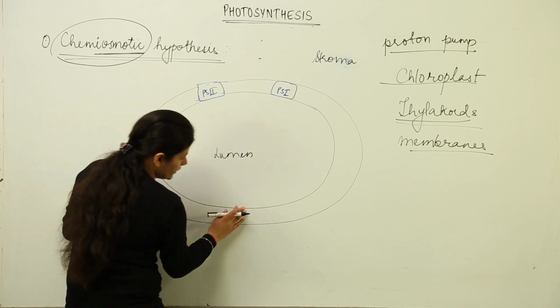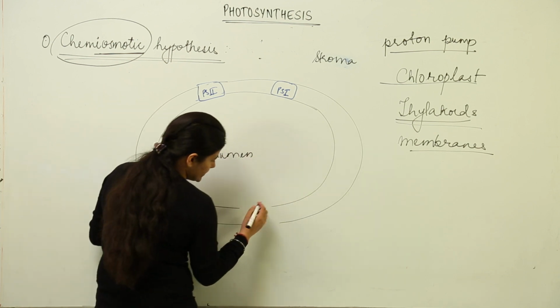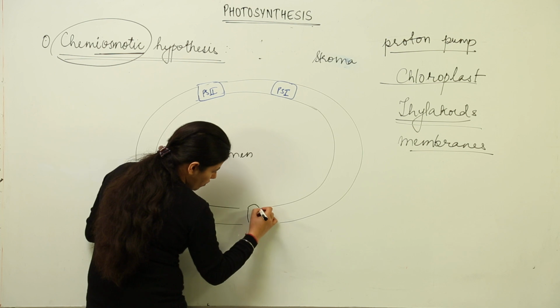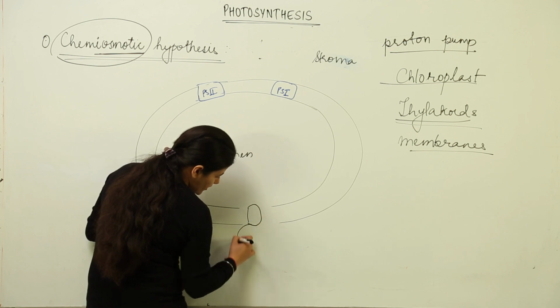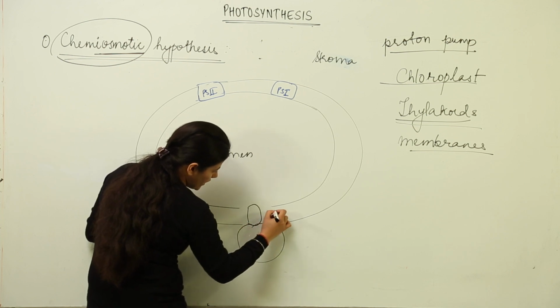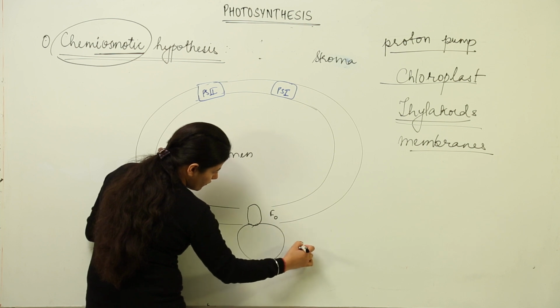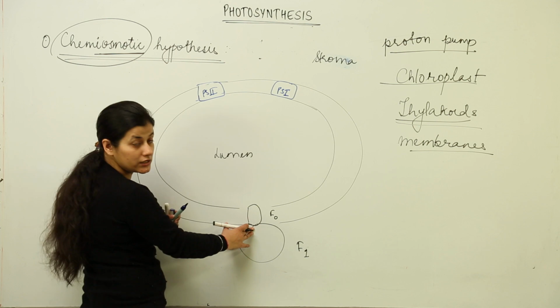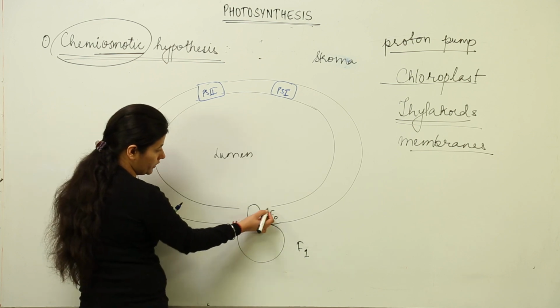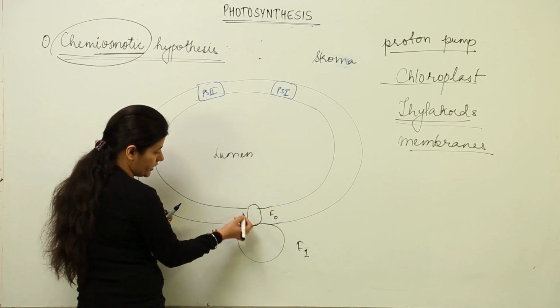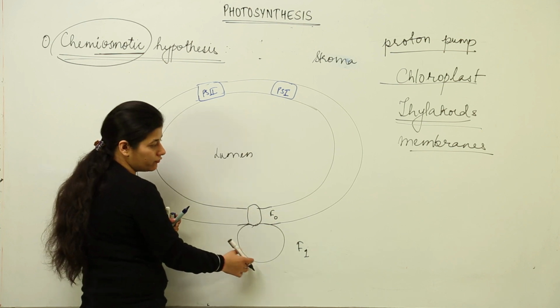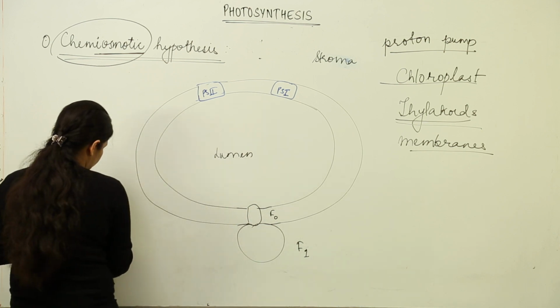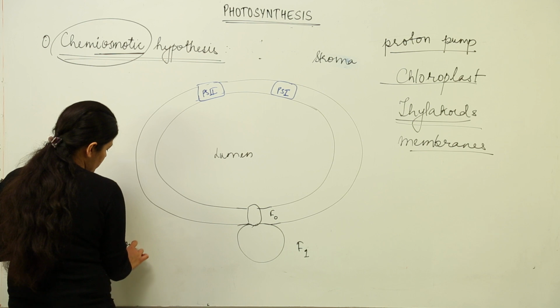Over here we are going to consider another unit, the F0 F1 particle, something like this. That is present in the thylakoid membrane. This is what it looks like, and another name for it is ATP synthase.